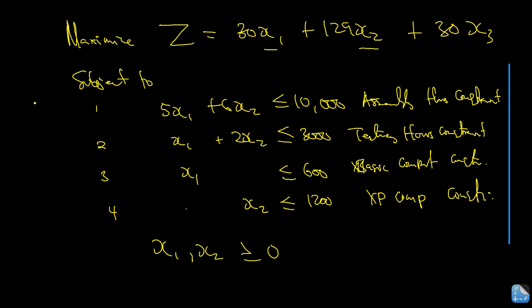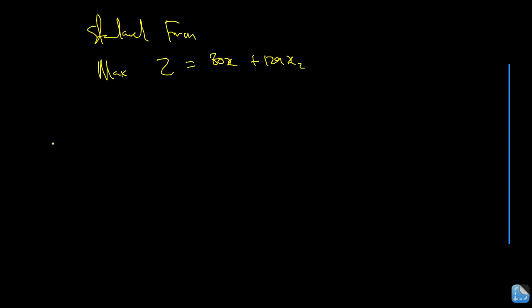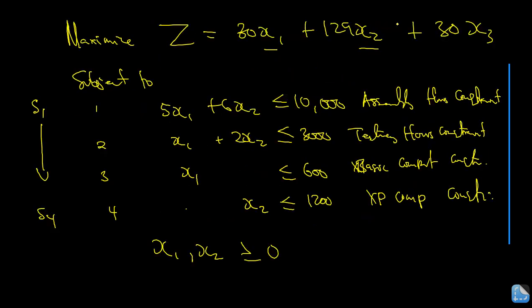You expect that your S will range from S1 to S4. So take note, because once we start writing, it will be 5x1 as our first constraint plus 6x2 plus S1 plus 0s2 plus 0s3 plus 0s4 is equal to the number of hours. How many hours? 10,000.